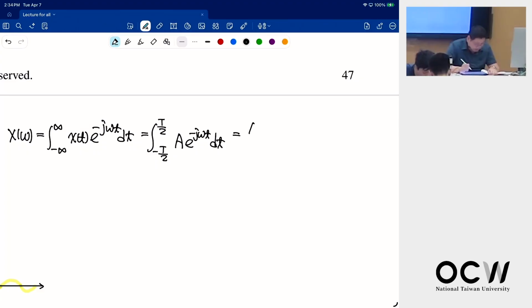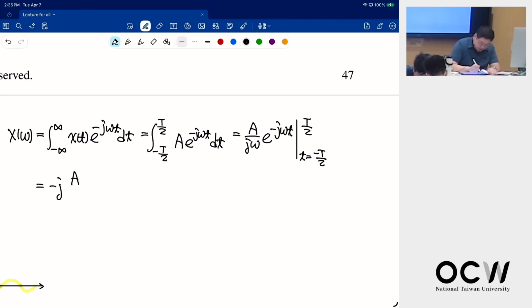Then you get A over j omega e to the minus j omega t, where t is from minus T over 2 to T over 2. So you get minus j A over omega times e to the minus j omega T over 2 minus e to the j omega T over 2.